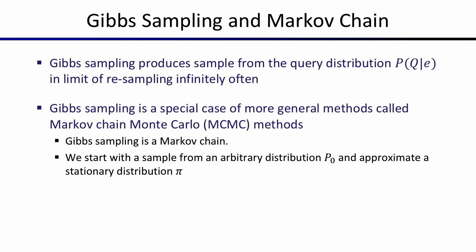It may be hard to believe in the beginning, but Gibbs sampling is a Markov chain. And you should remember the Markov chain. We have a lecture about this class of dynamic Bayesian networks. It's a very simple type of dynamic Bayesian network where we have the nodes and these iterations over time. These nodes represent an initial probability. We start here with the probability P0, and we iterate over this, and the probability of the state changes over time.